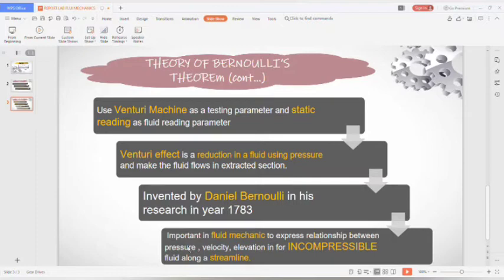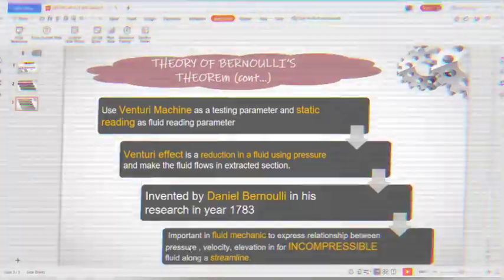So it must be used on incompressible fluid along a streamline to get the result. So that's a brief explanation about the theory. I guess that's all from me. Thank you.